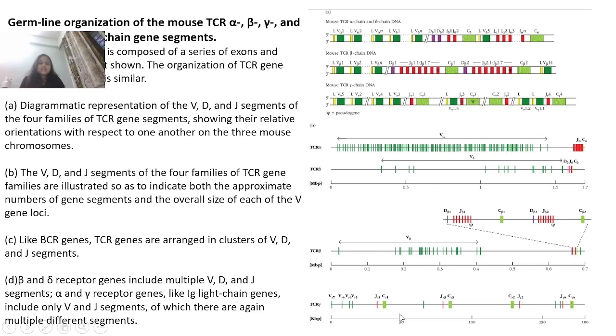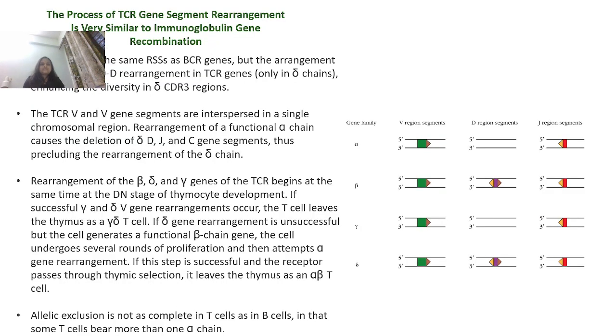Alpha and gamma receptor genes, like Ig light chain genes, only include V and J segments, of which there are again multiple different segments. So beta and delta will contain VDJ segments, while alpha and gamma will only contain V and J segments. All this will rearrange together to form different kinds of TCR, or T cell receptor, with different kinds of specificities.